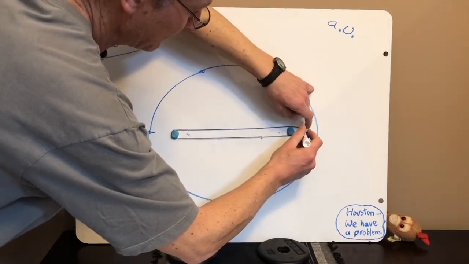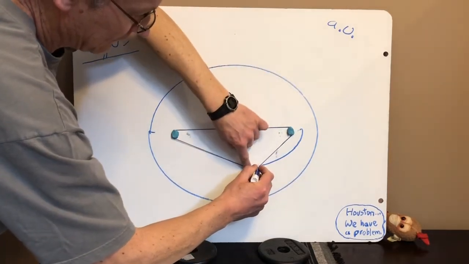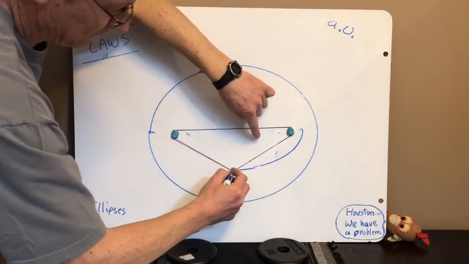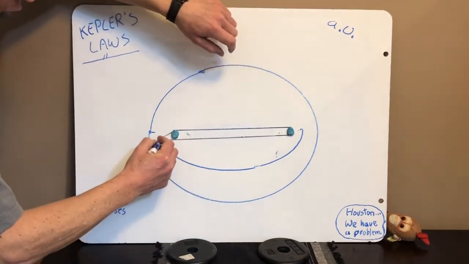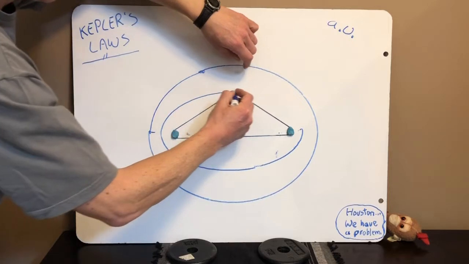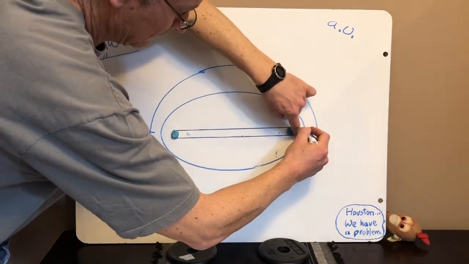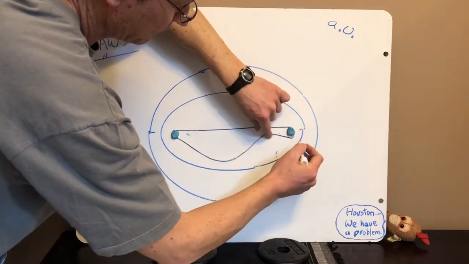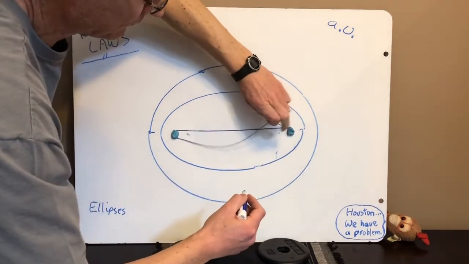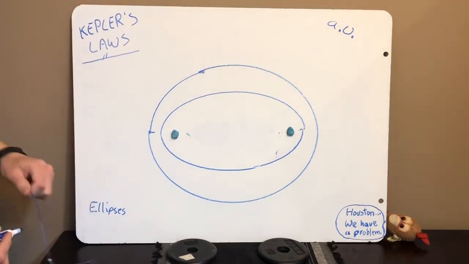Watch. And you can see that if the foci move further apart, your ellipse becomes, well, more elliptical, more oval shaped. It moves further away from a circle.